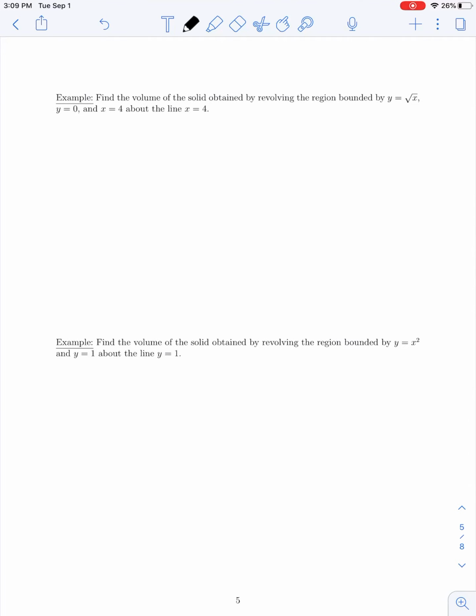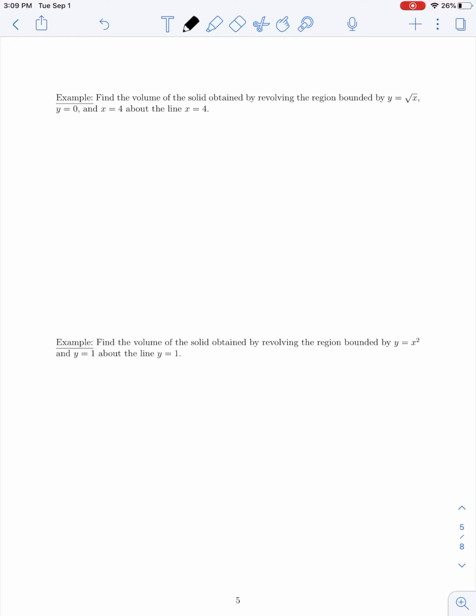So there are some cases where the axis of revolution may not always be the x or the y-axis. In general, we could think about revolving a plane region about some other vertical or horizontal line in the plane, and we could ask ourselves what the volume of the resulting solid of revolution would be.